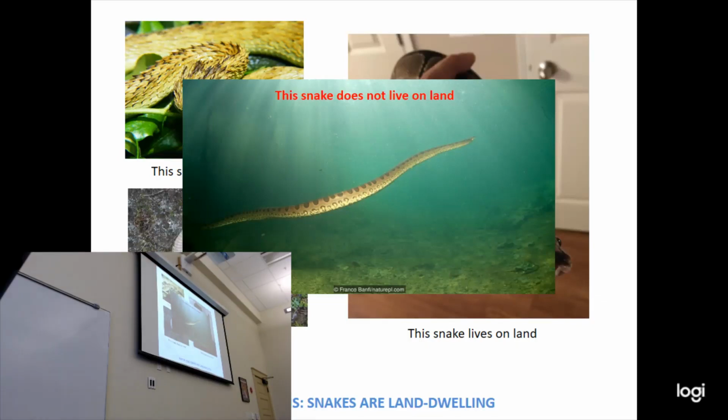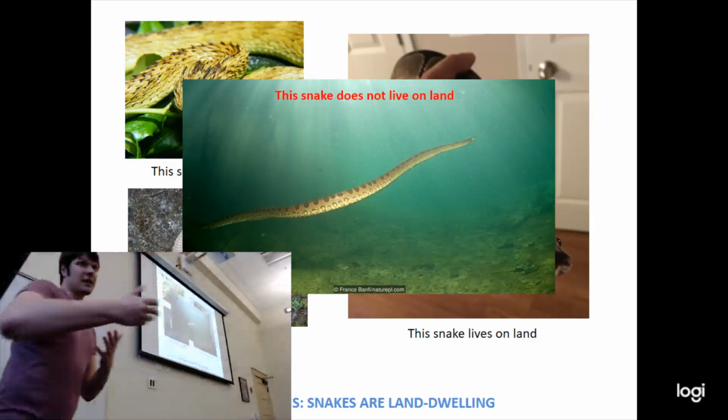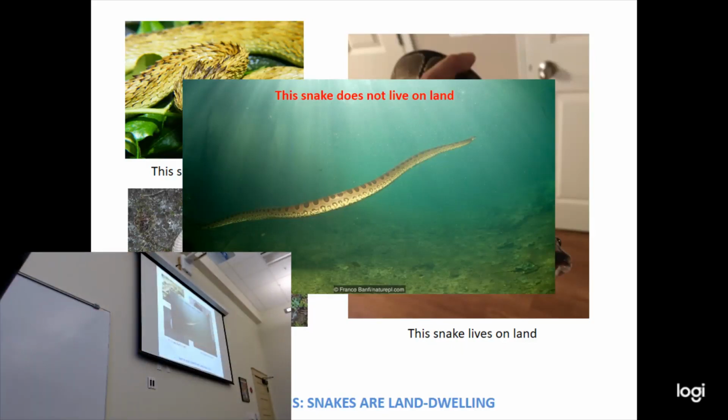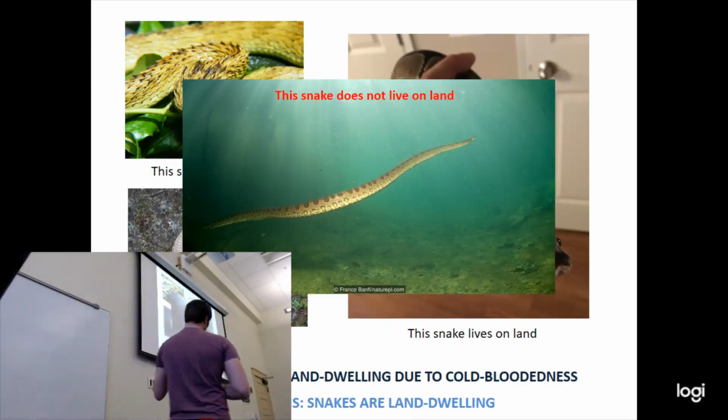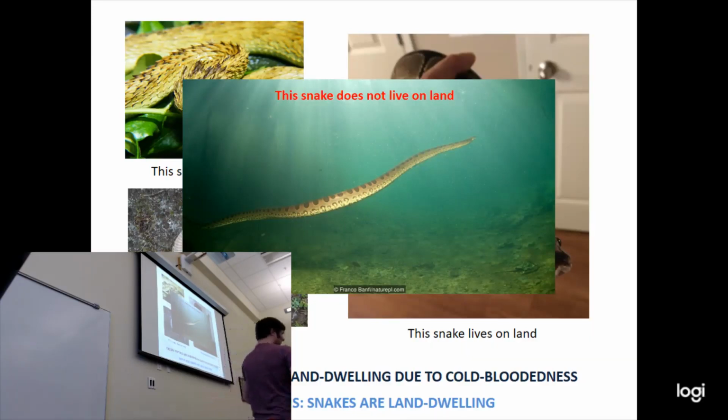It might be something that I test in order to learn about something a little bit more general than I'm actually interested in. An idea that might be at the hardcore of the hypothesis that snakes are land dwelling might be something like reptiles are land dwelling due to the fact that they have cold blood. So it might be harder to regulate your temperature when you're in water. This might be a functional reason why snakes are land dwelling.